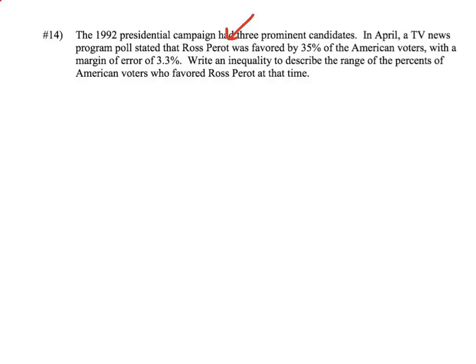Ross was favored by 35% of the American voters, with a marginal error of 3.3%. Write an inequality to describe the range of percents of American voters who favored Ross Perot at that time. This problem can be done in the simplest way that you can imagine. News says 35% of people like Ross, but they said we could be off by as much as 3.3%.